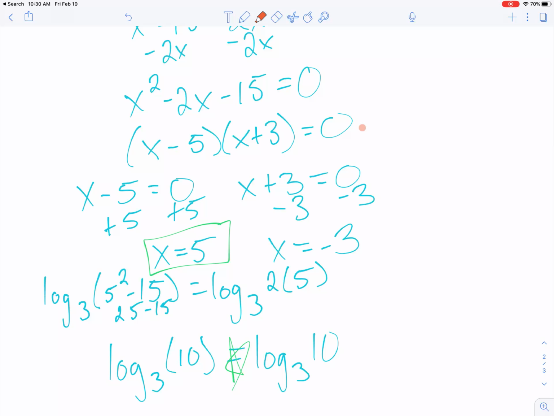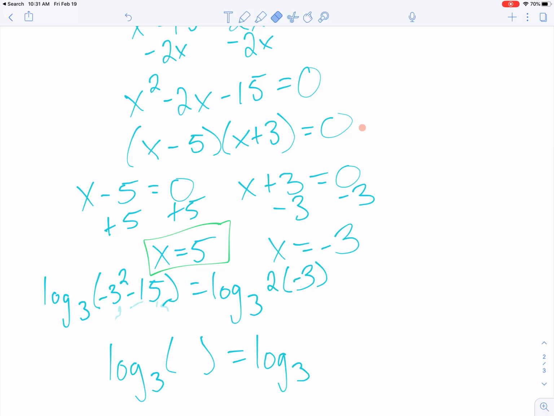Now let's try plugging in the negative 3. So let's see, can I erase just those? Cool. Okay, so now if I plug in the negative 3, see how I'm just plugging those in there, kind of cheating a little bit. That's okay.